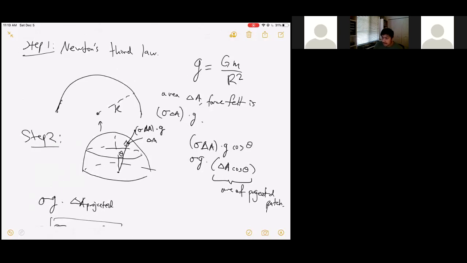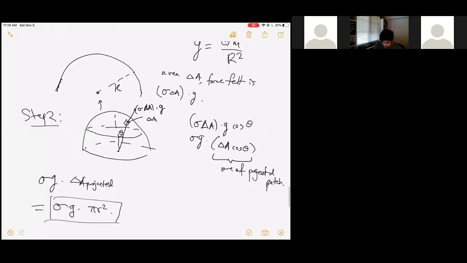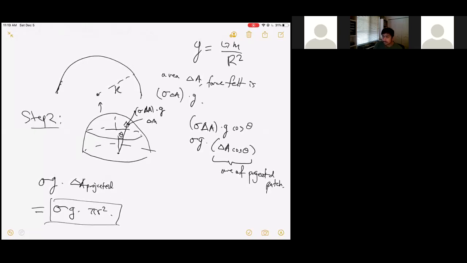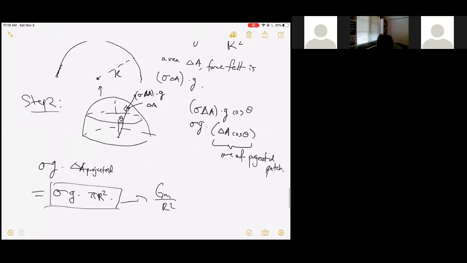And by the way, the final answer is Gm over r squared times sigma times pi r squared. So it's just pi G m sigma. That's the final answer.